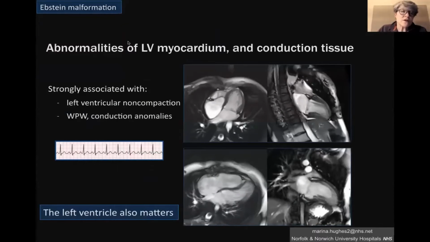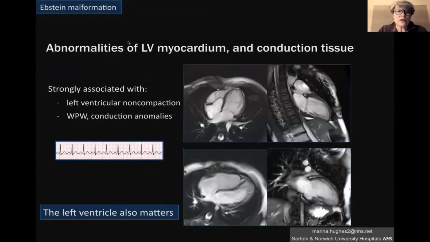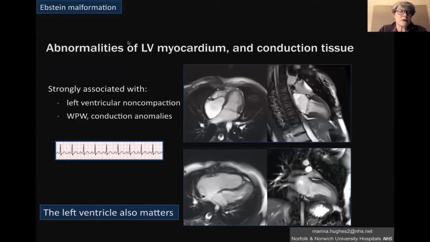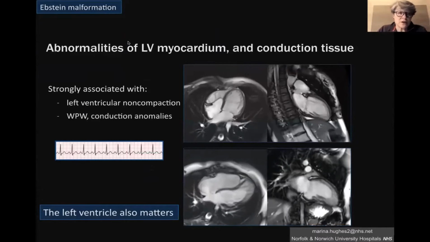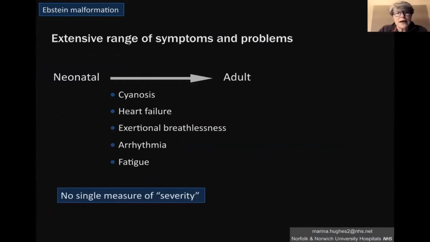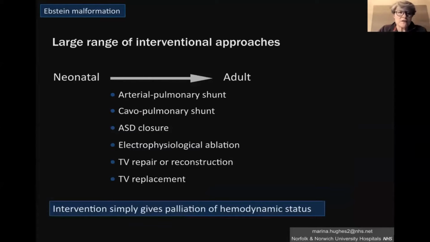So with this large range of right ventricular and right heart abnormalities, there are also commonly associated left ventricular myocardial abnormalities, particularly non-compaction, and obviously conduction abnormalities as well. And so there is a huge range of symptoms and problems related to Ebstein malformation, with no single measure of severity because of the wide spectrum of disease.